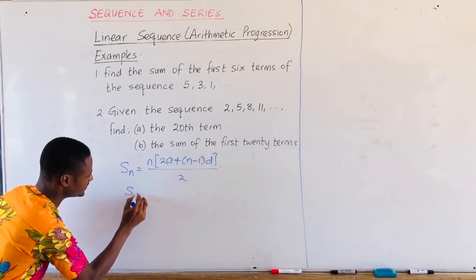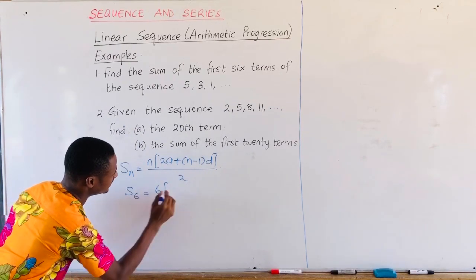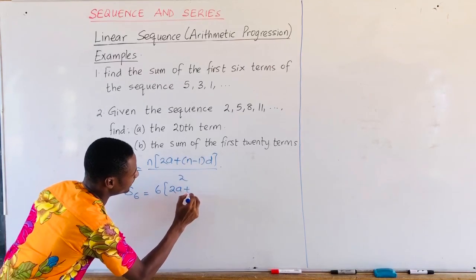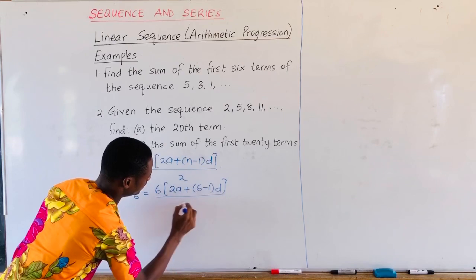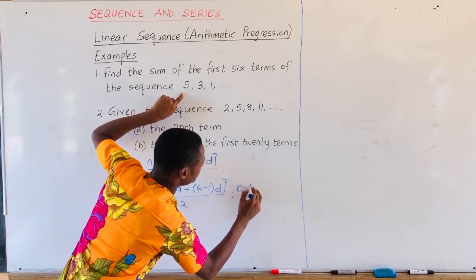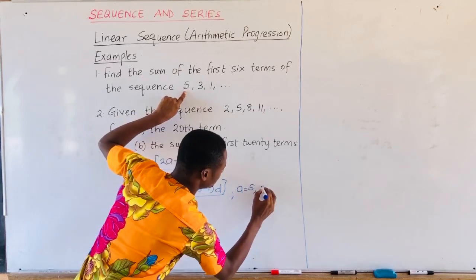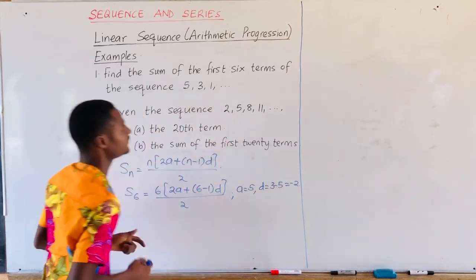And so S6, which is the sum of the first 6 terms, n is now 6. Then from this, a is equal to 5, the first term. Then d is equal to 3 minus 5, which will give us negative 2.